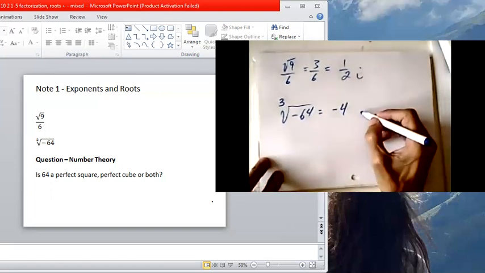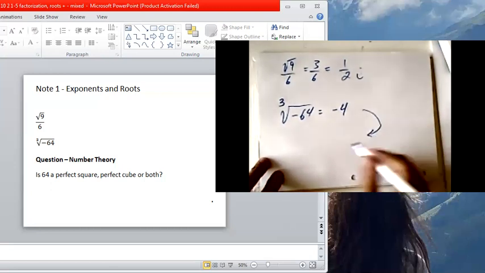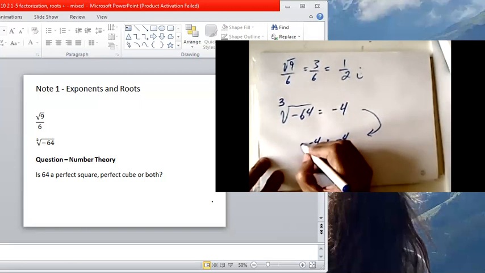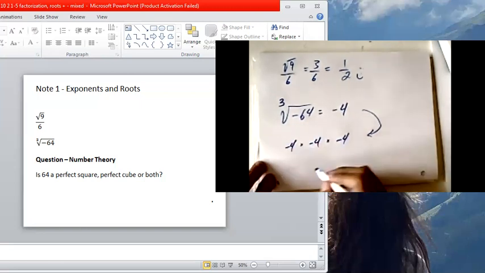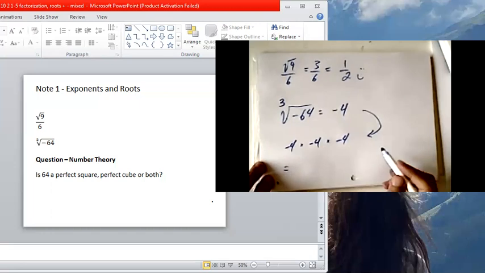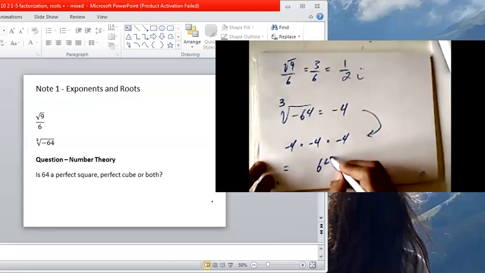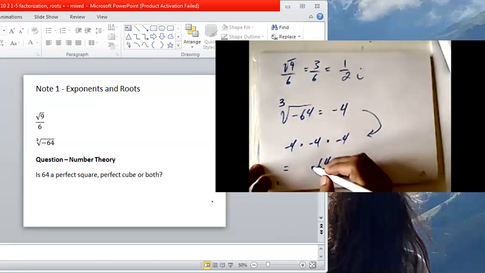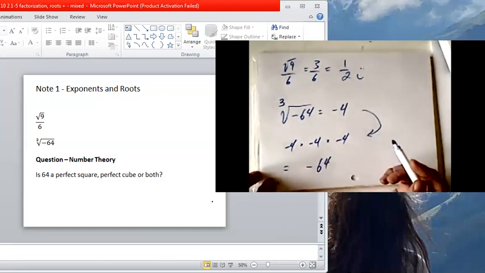So if we want to work backwards to check, we take -4 times -4 times -4. You'll get used to it, but 4 times 4 is 16, times 4 is 64. So that's just a number.